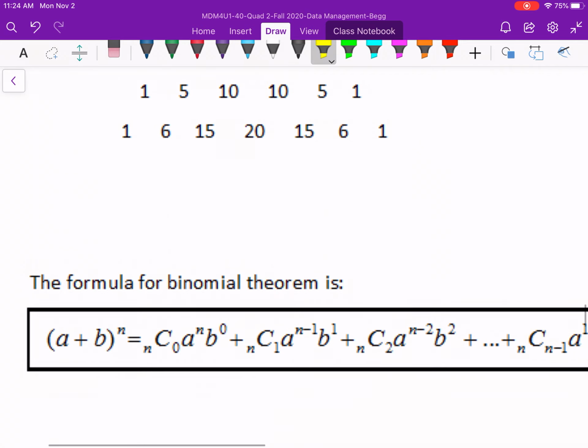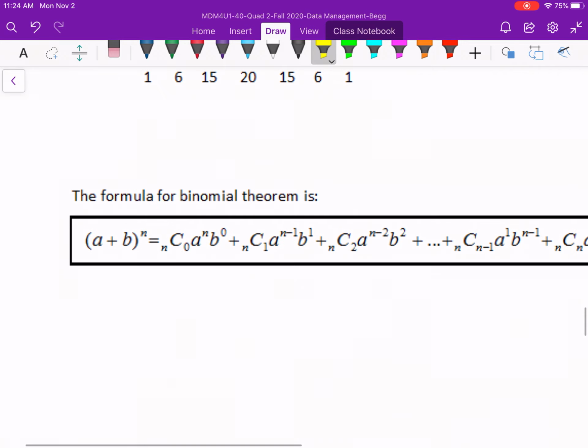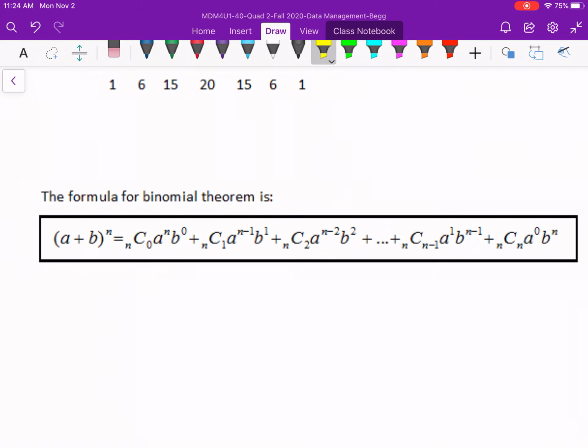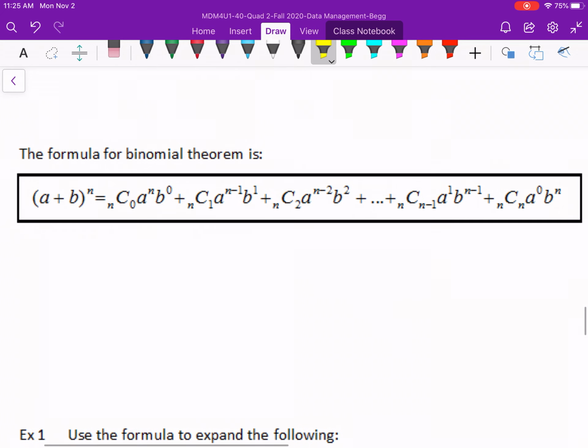The formula for the binomial expansion, in other words, the binomial theorem, tells us this. If we're multiplying 2 terms together, a and b, n times, then we can use those different numbers along with combinations, or we don't even need combinations.